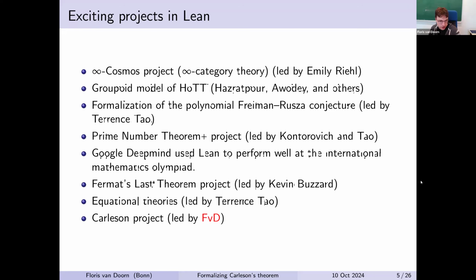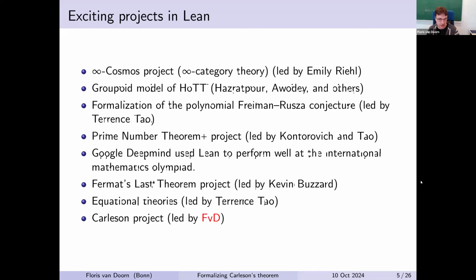Then there are some ongoing projects. Kevin Buzzard started a while ago, but this month it really started, a project to formalize Fermat's Last Theorem, which is a proof that is thousands and thousands of pages separated over hundreds and hundreds of papers.